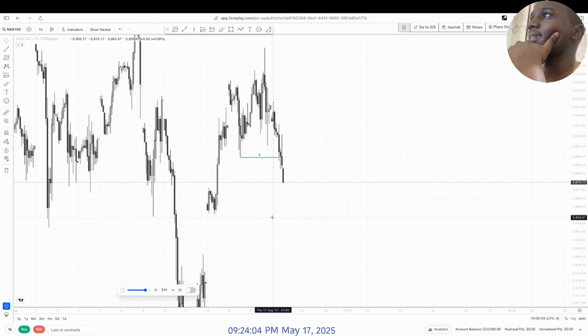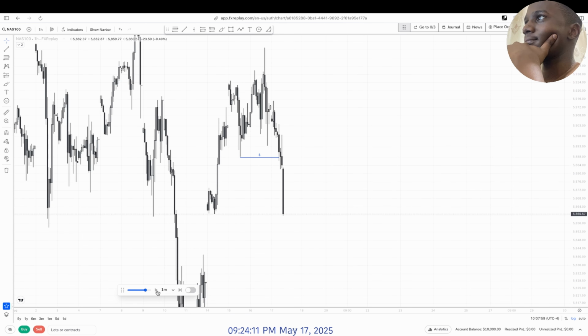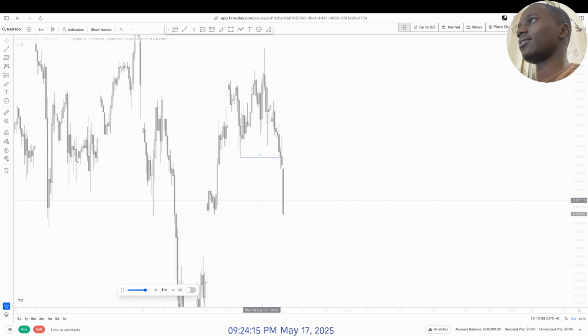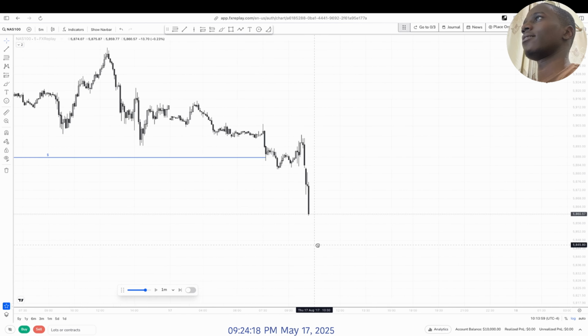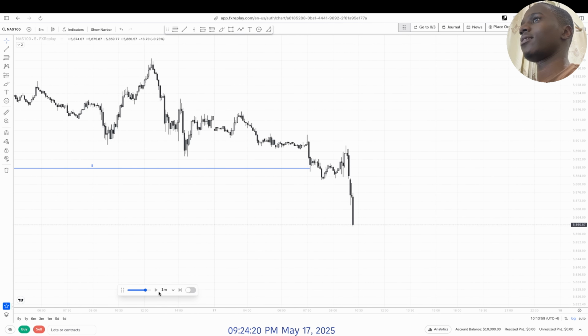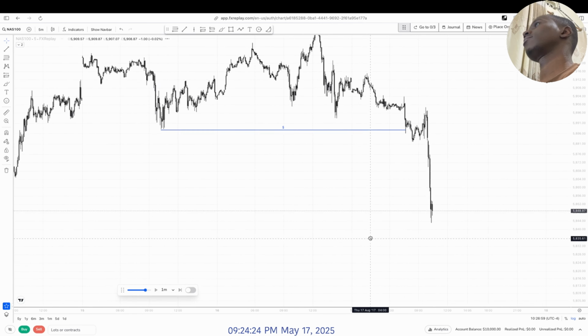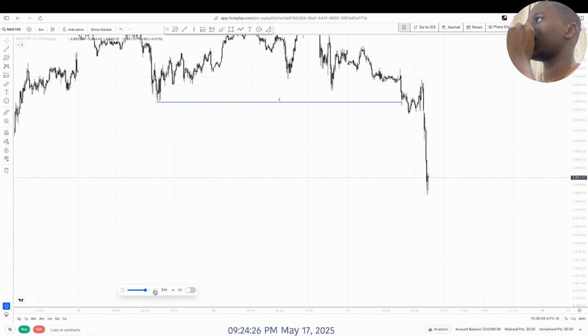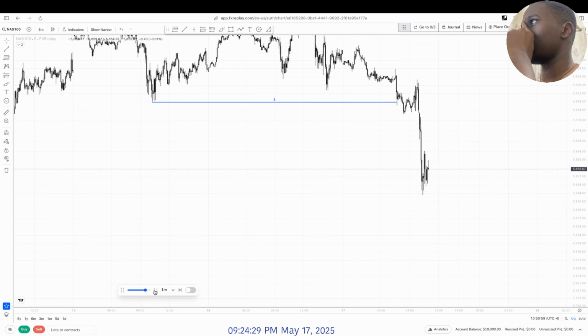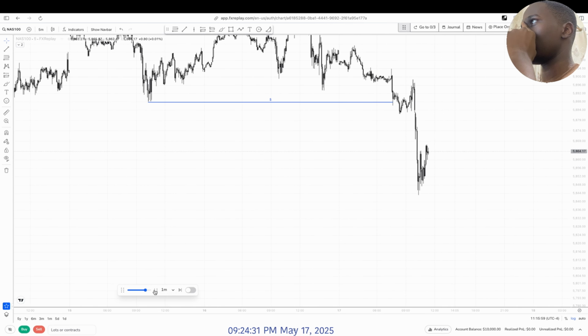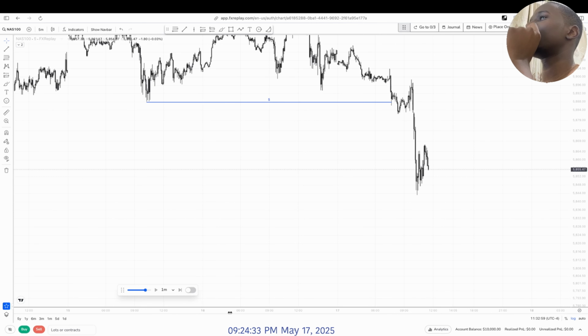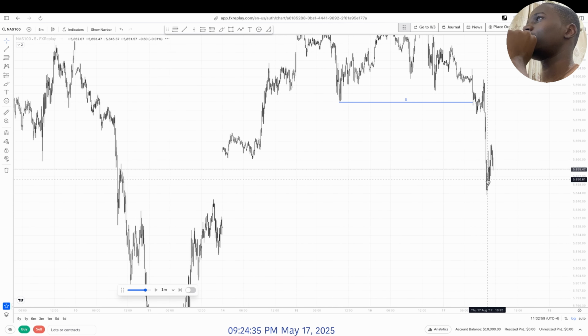Let's see where the market's heading. It's currently still in the morning session, so we can maybe find an entry. It's really volatile. So at this point, it's reacting off of.